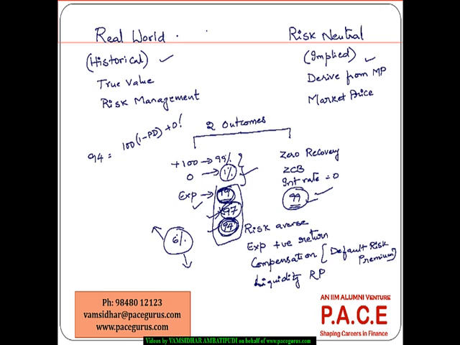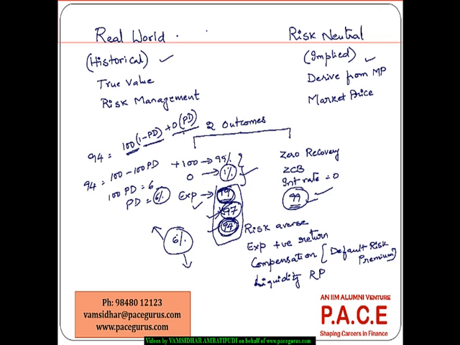If there is a default, I'll get 0. So probability of default times 0, plus 1 minus probability of default times 100. So 94 is nothing but 100 minus 100 PD. So it's working out that 100 times probability of default is 6, and probability of default is coming out to 6%.